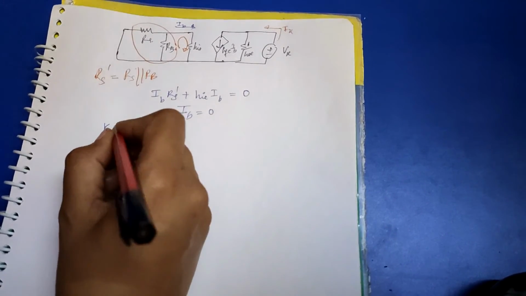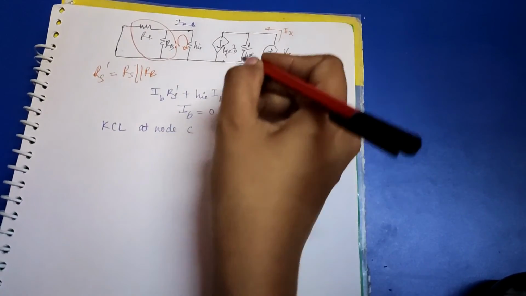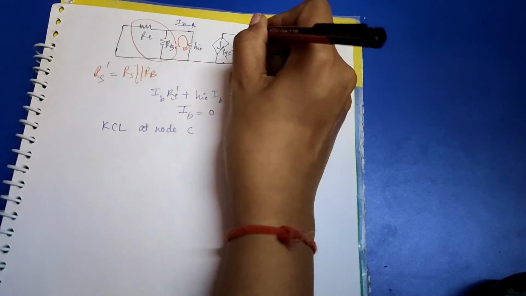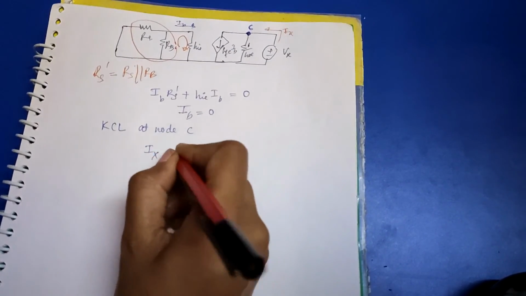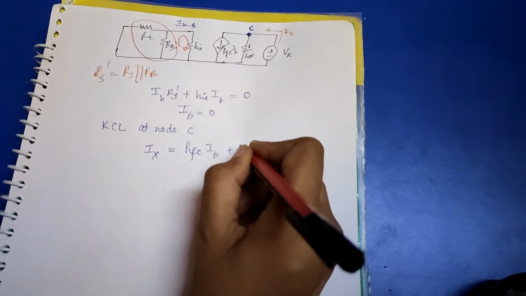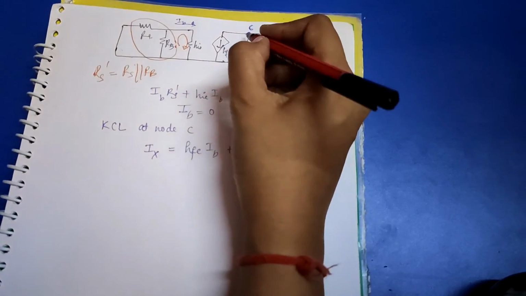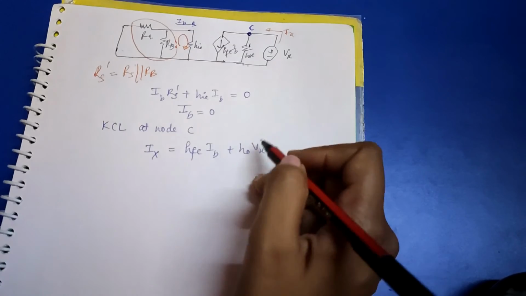Now we have to apply the KCL at node C. Okay, let me just mark the node C. This is node C, and just apply the KCL here. So from here Ix is equal to HFE into my IB plus my HOE into my Vx. Okay, here the voltage is Vx, and we have taken this HOE.